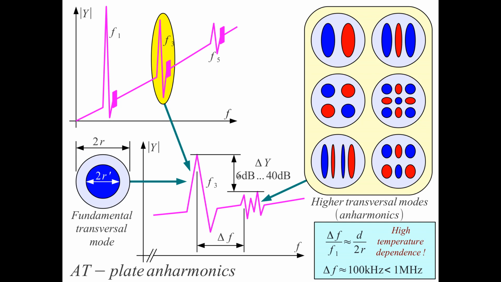The strength of these peaks depends much on the shape of the electrodes, and on the shape and size of the quartz plate. They may be as little as 6 dB below the fundamental thickness resonance, or up to 40 dB down for a particularly well-designed crystal and electrodes.